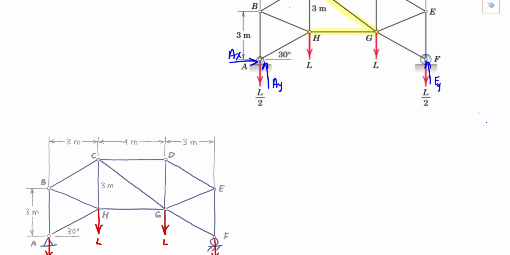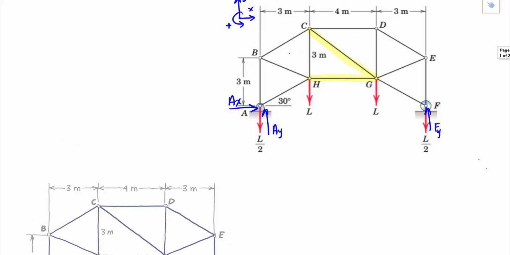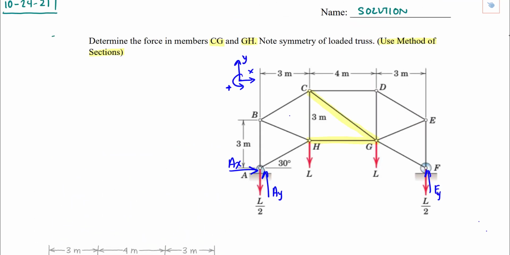Alright, so I also have the truss drawn again below. And over here, what I will do is I will go ahead and note different observations. I will also just make some notes about the symmetry right here. So let's start with that.